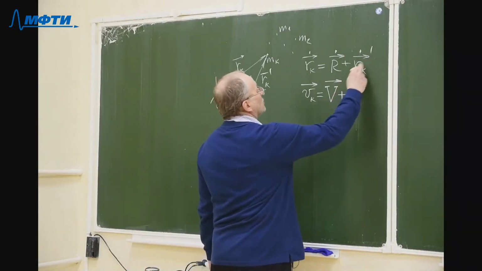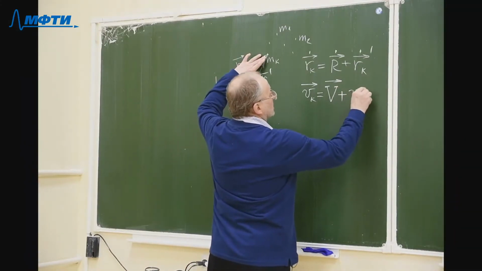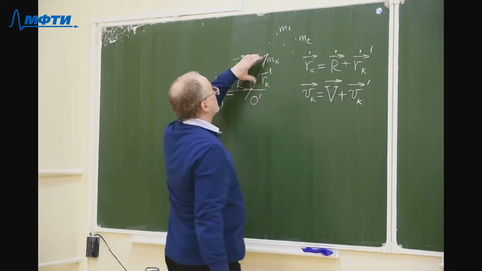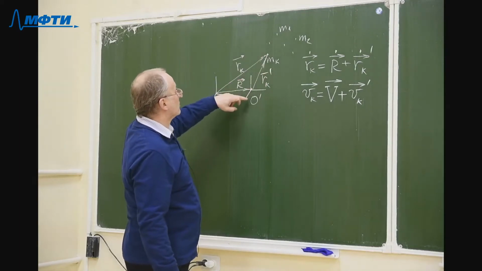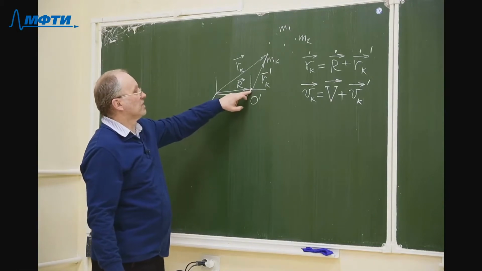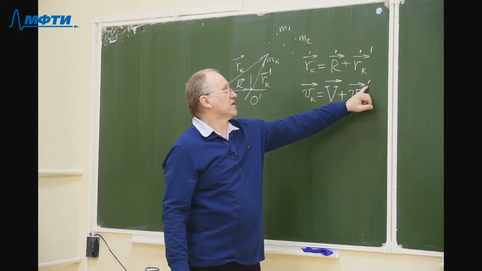And when I differentiate this radius vector, I will find the velocity v prime, the velocity of material point number k with respect to the second reference frame. Everything in the second reference frame will have this prime symbol.